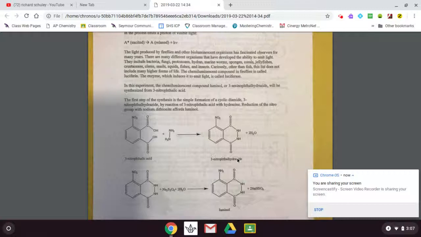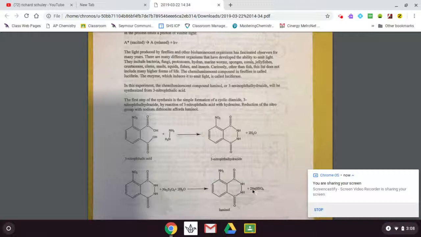It's an amide group. And that molecule then will be treated again with a chemical called sodium thiocyanate. And if you'll see this structure, this is our 3-nitrophthalhydrazide.